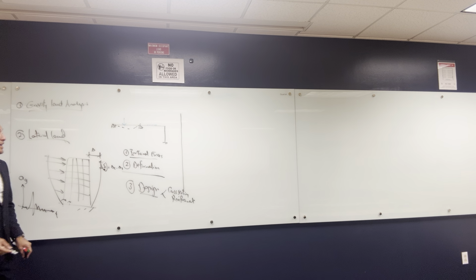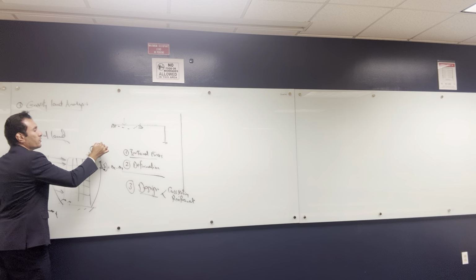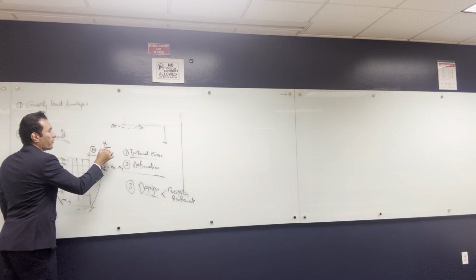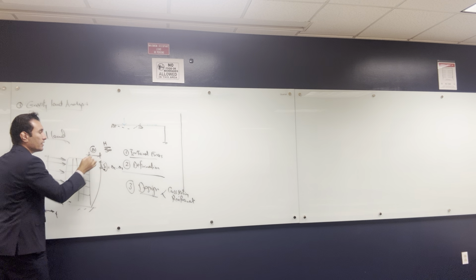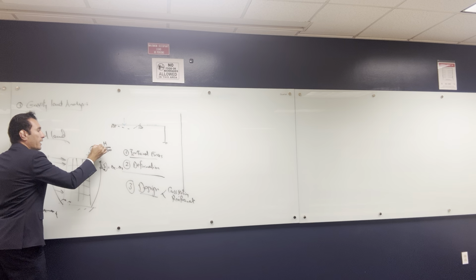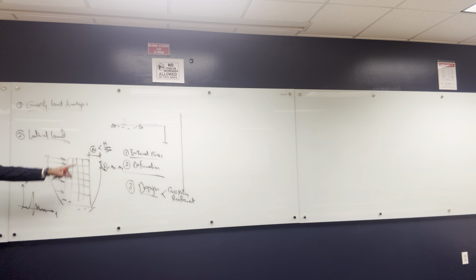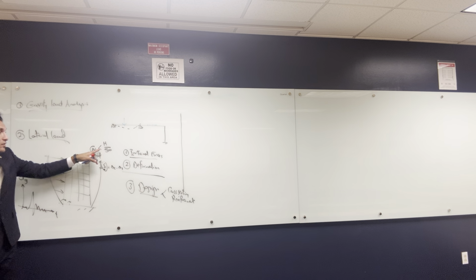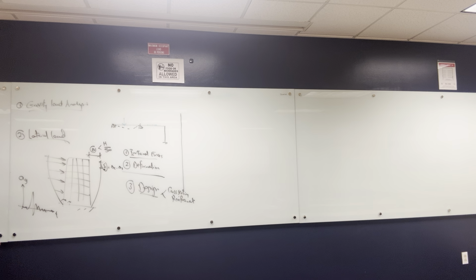For wind, there is a limitation on delta: it should be less than H over 500, where H is the height of the building. If you have a 500 meter height, 500 over 500 is 1 meter, which is really huge, but this is what the winds allow, okay?